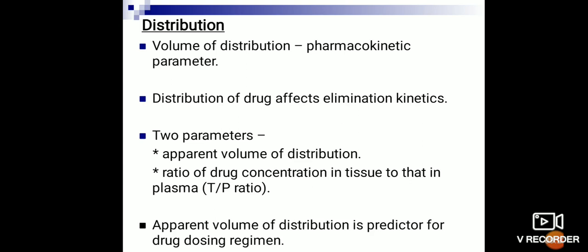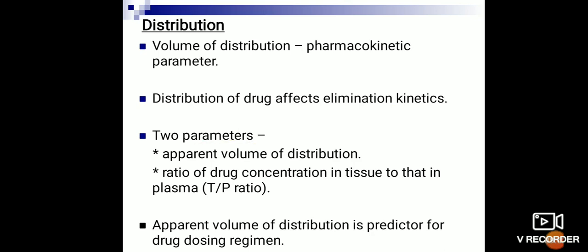The next factor is distribution, the volume of distribution, which is a pharmacokinetic parameter. VD is very important, considered during dose calculation. So in a dose calculation equation, the value of VD is required. The distribution of the drug affects the elimination kinetics. When the drug is exactly distributed, the elimination rate is considered accordingly.